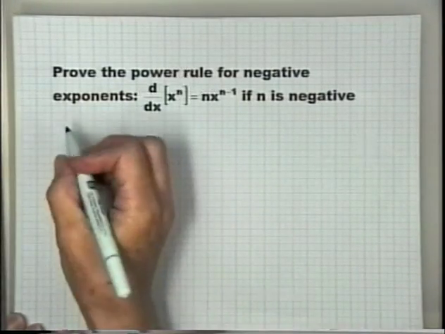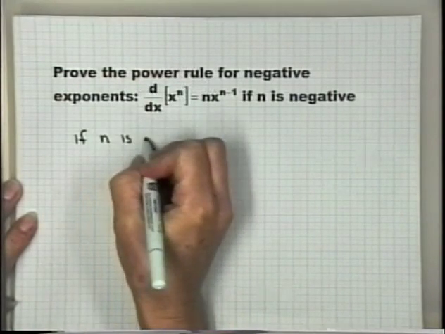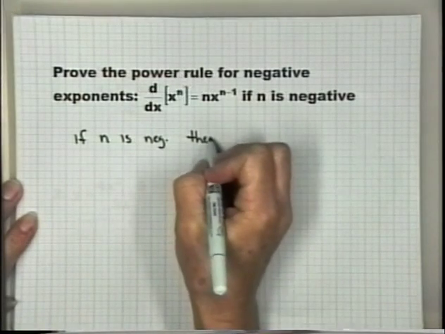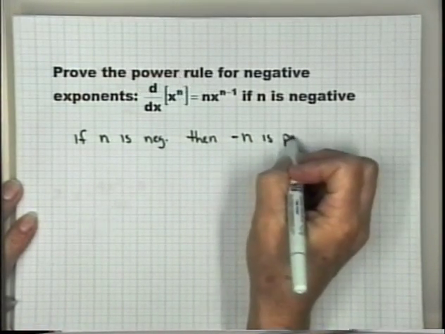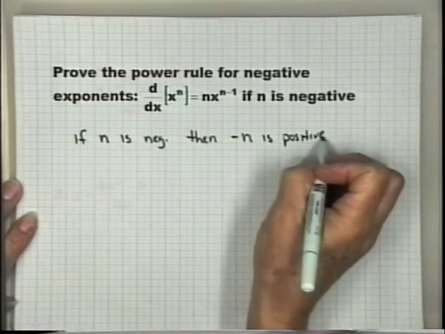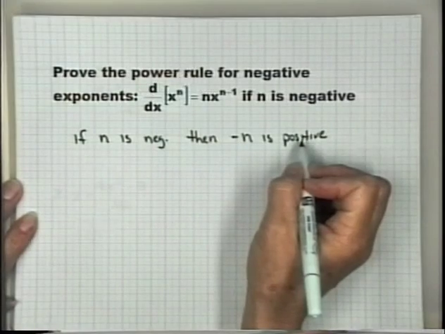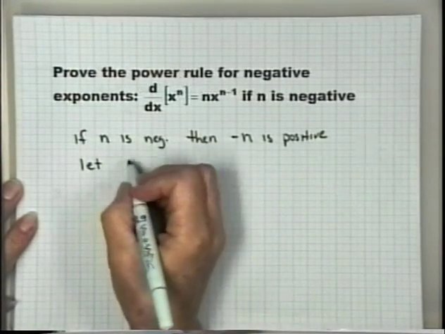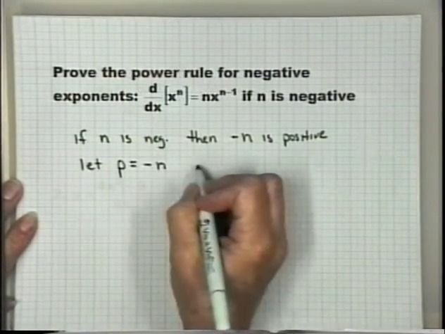Well, let's do this. If n is negative, then minus n is positive, isn't it? The opposite of n, if n is negative, the opposite of n would be positive. Let's just use a different letter, let's say p equals the opposite of n.